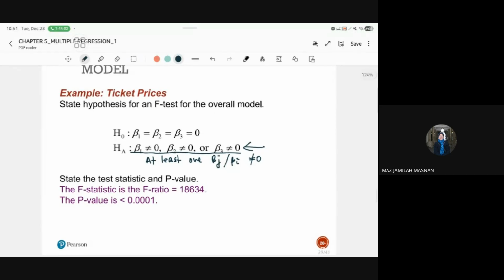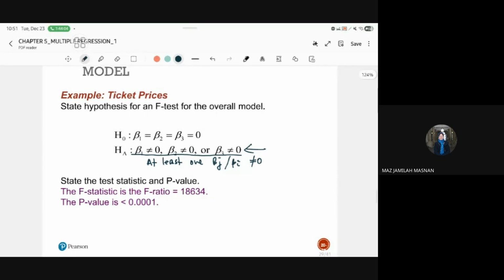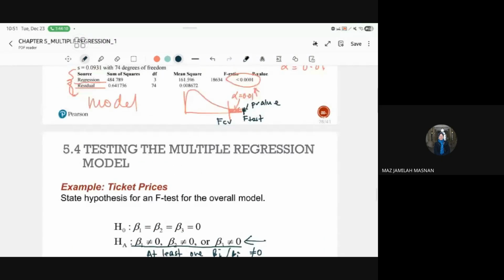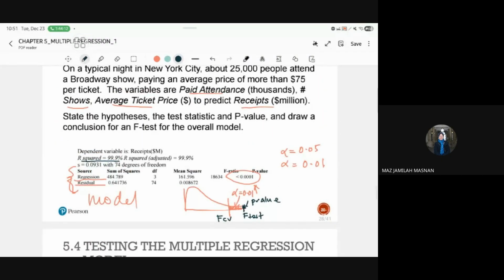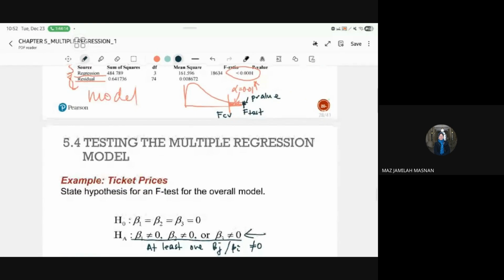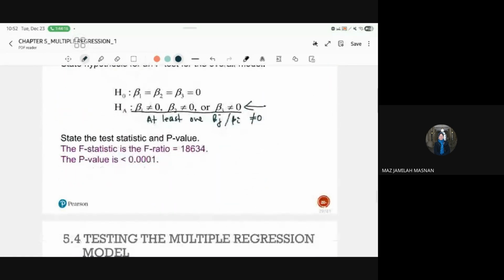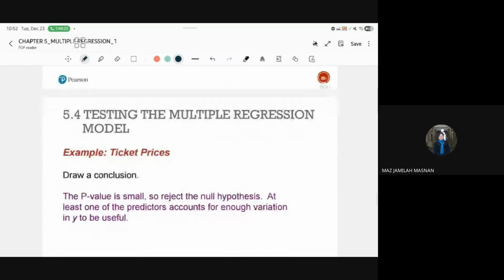So if this is your model, we have three independent variables. The F statistic ratio is 18,634. The p-value is less than 0.001, which is smaller than alpha.